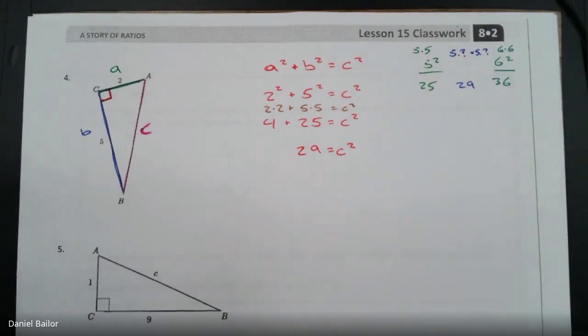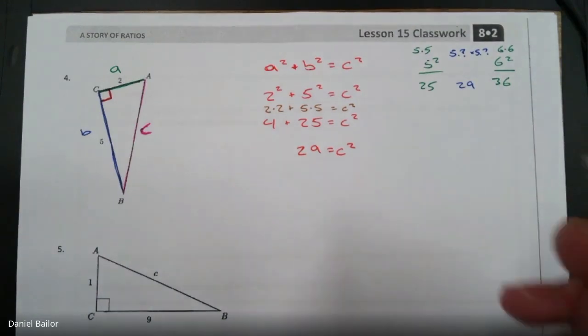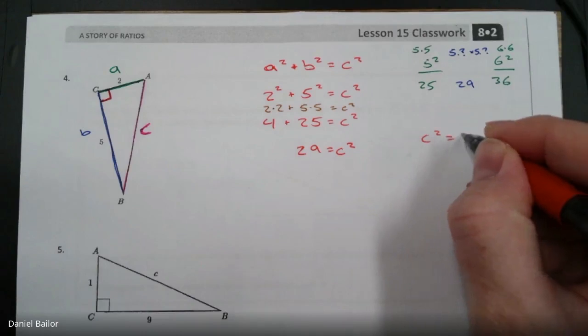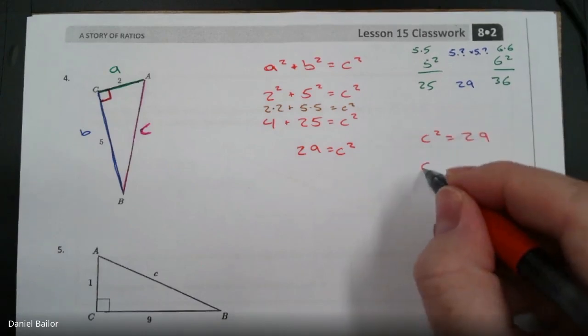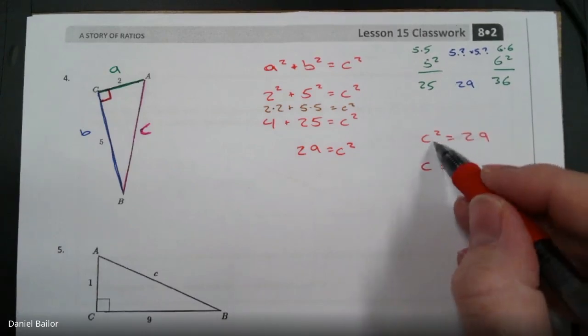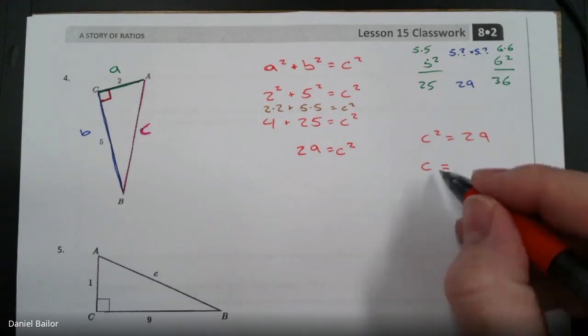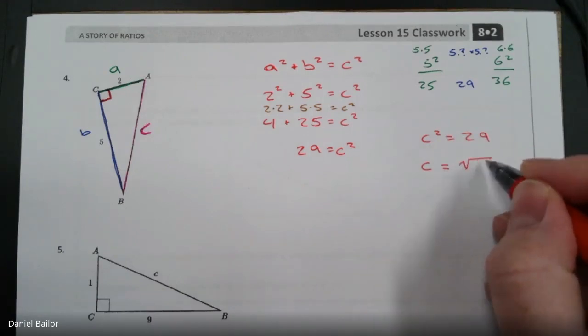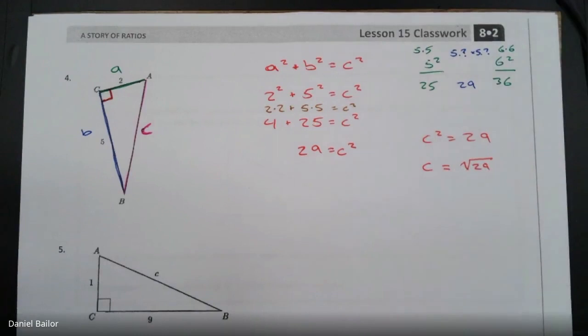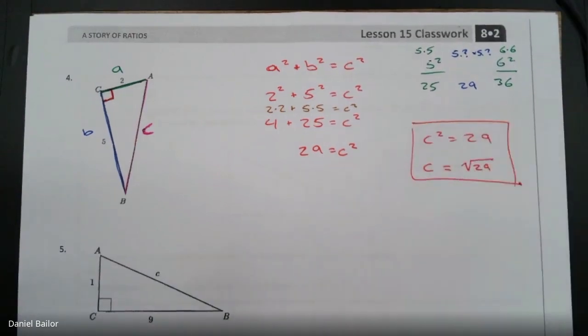But we don't know what that is yet, and you don't have to know what that is yet, because I told you today you can just stop and say C squared equals 29. Or you can get fancy and say if C squared is 29, then the square root of 29 is just C by itself. Both of those answers work for me.